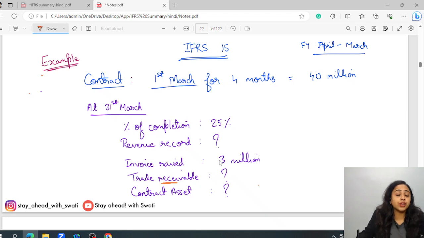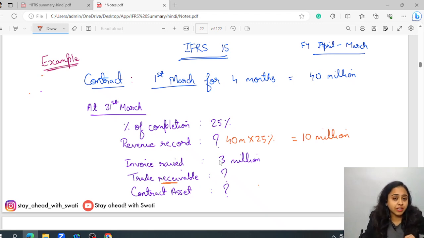That means you have to record the revenue of 25% of 40 million. That is 40 million into 25%, which equals 10 million. So you can record your revenue as 10 million. Now out of this you have to check for what amount the invoices have been raised. Here in our example, invoices have been raised for 3 million. So for the invoices raised, you can record your trade receivable as 3 million.